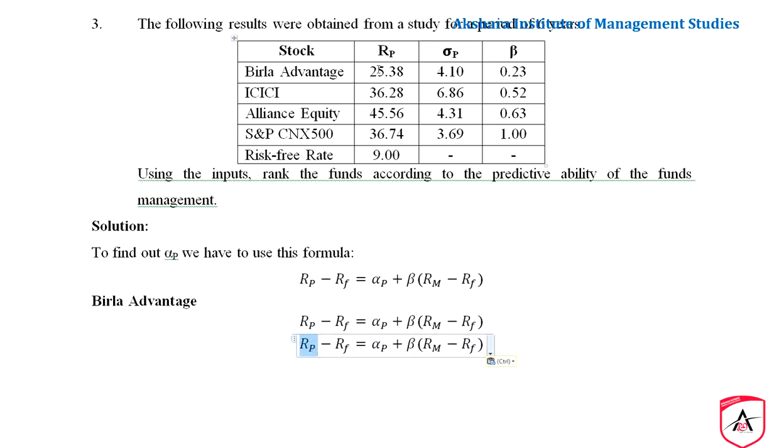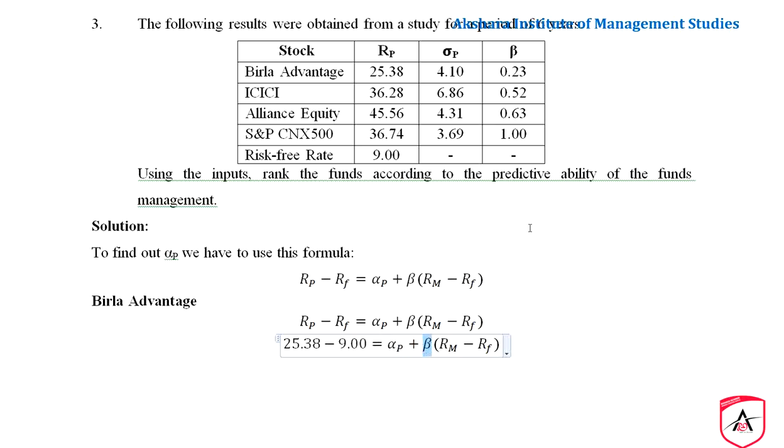RP is 25.38, and RF means risk-free rate of return, that is 9.00. Alpha P is not given in the question, so we have to find this out.